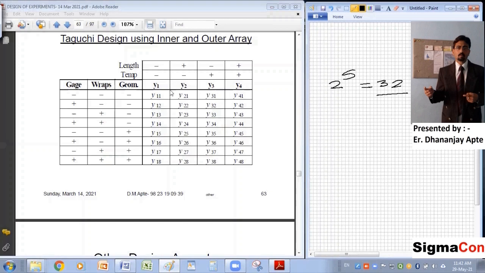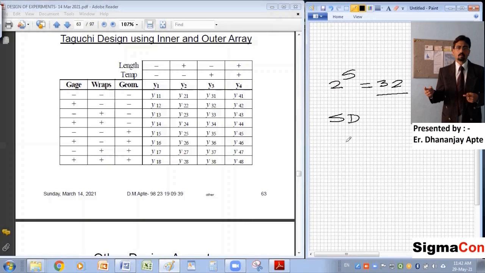Now, what parameter describes variation? What parameter describes dispersion among Y values in one row? That parameter we know: standard deviation. Now, if the standard deviation is low, then variation is low.